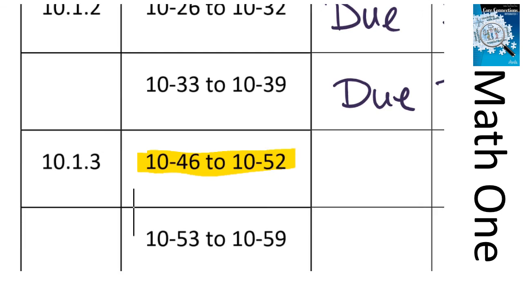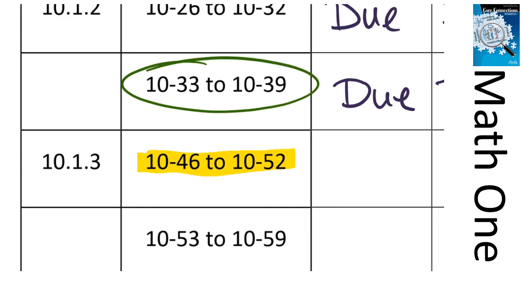Tomorrow, in addition to checking that assignment, I also need to check the 33 through 39 if I haven't already. Both of those should be done, but your homework for tonight is 46 through 52, so you should start that now.